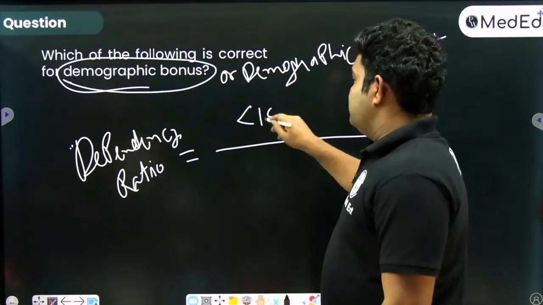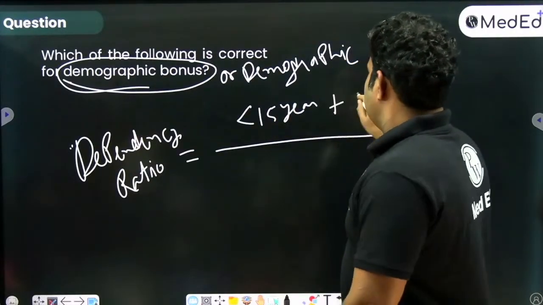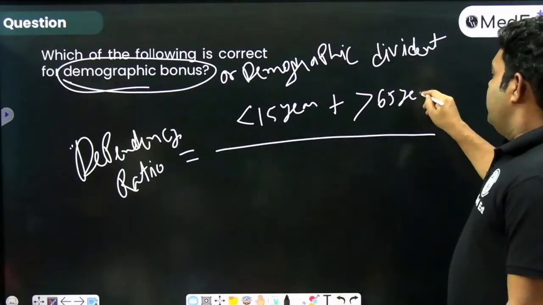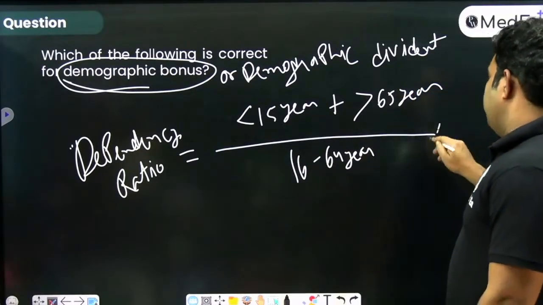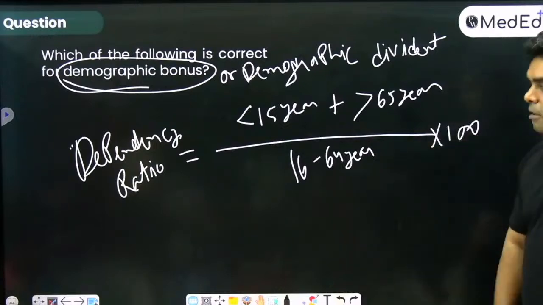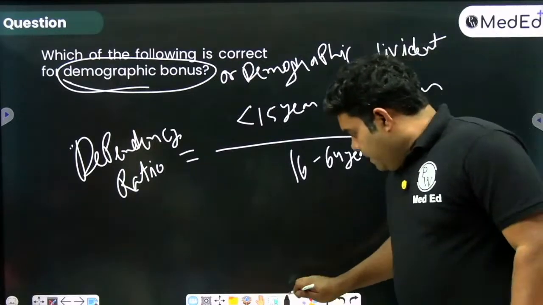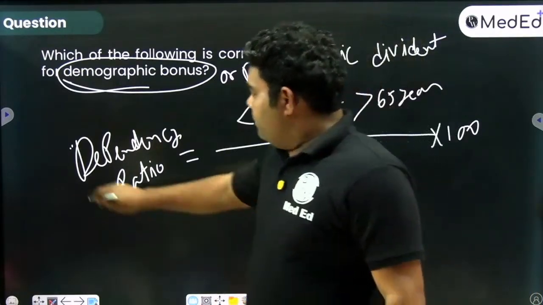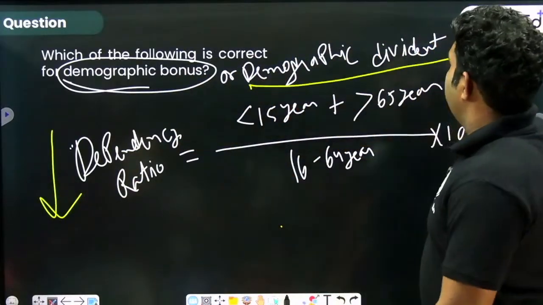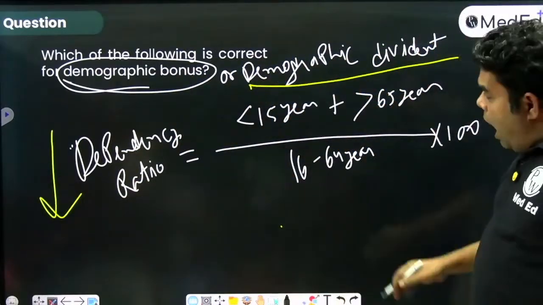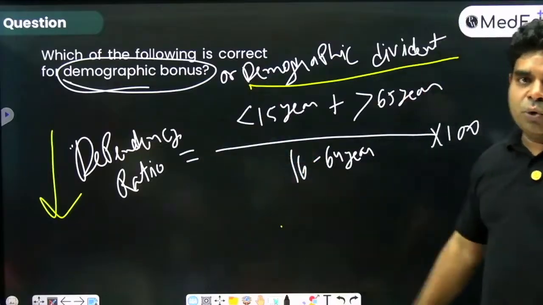It is less than 15 years plus more than 65 years in the numerator, and in the denominator it is 16 to 64 years, multiplied by 100 to get the answer in percentage. So good news comes when dependency ratio decreases, then it is demographic dividend or bonus.